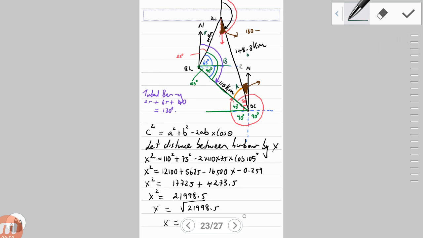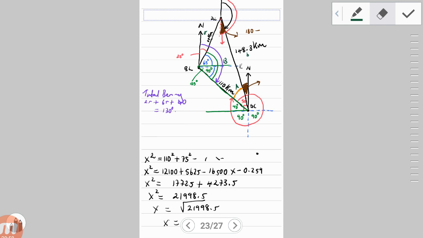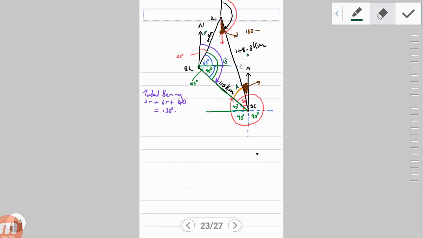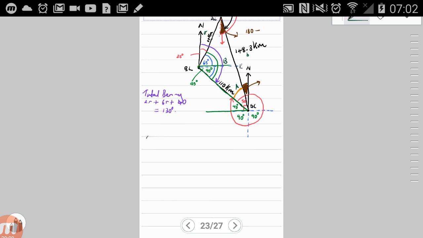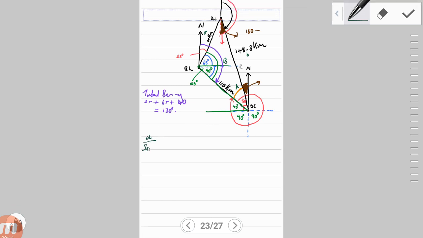So let's create some space here. The sine rule would be a divided by the sine of the angle facing a, is equal to b divided by the sine of the angle facing b.